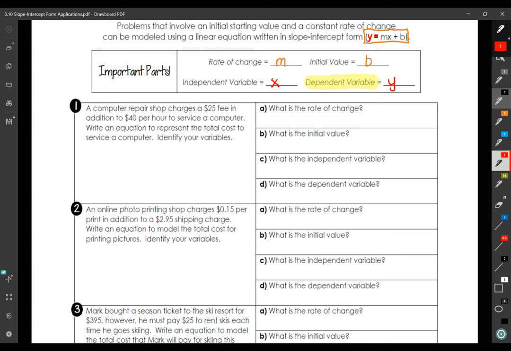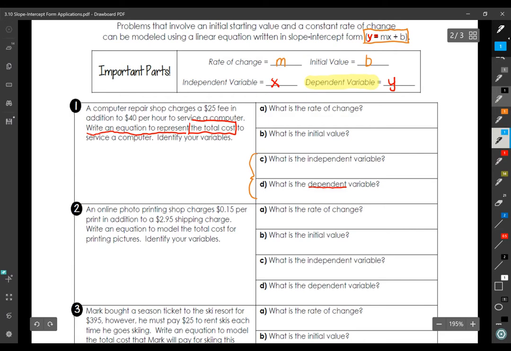In my opinion, the order of these questions is kind of off. I'm going to get us to start by figuring out what our variables are. So what is our independent and what is our dependent variable? The easiest thing to identify is the dependent variable, and I'll tell you why. The question says, write an equation to represent the total cost, right?